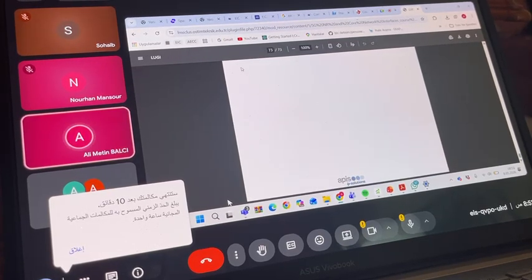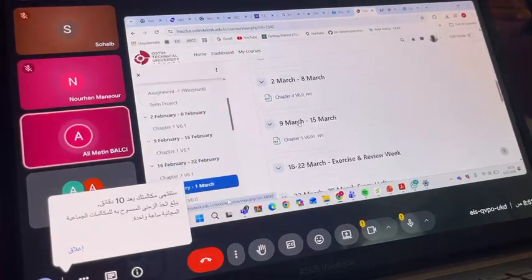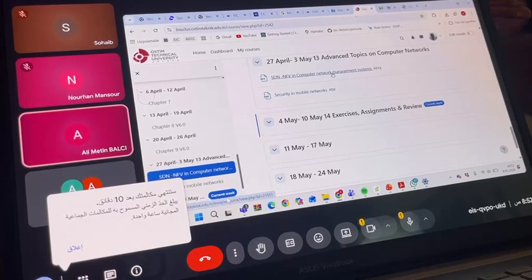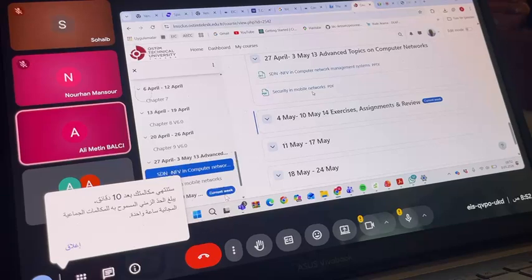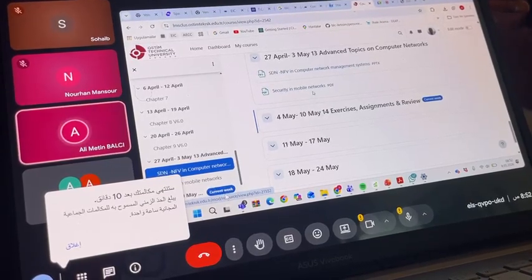Okay, so for the other ones, SDN and NFV, well, these are all straightforward. We discussed them in class quite significantly, so I'm not going to review these two documents.